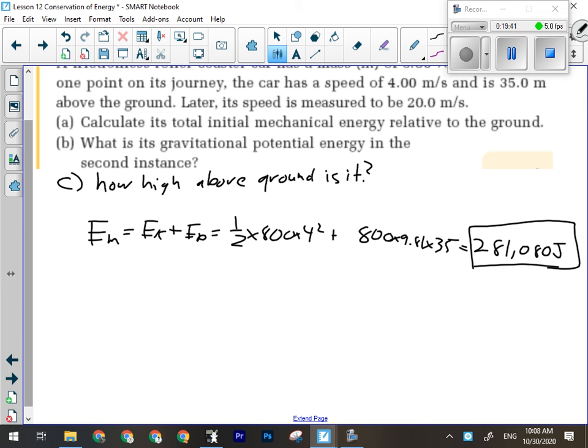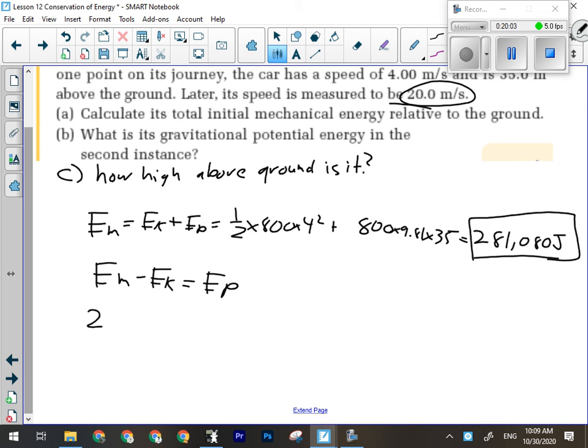So if I take that number and I subtract the kinetic energy that it would have when it's moving at 20 meters per second, that should leave me with the potential energy at that point, okay? But I have to recognize two things. First off, that this is how you calculate mechanical energy, and that number is not going to change anywhere along the track. Right?